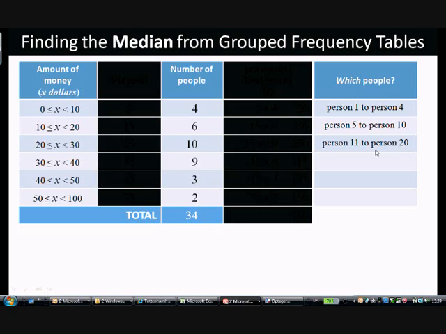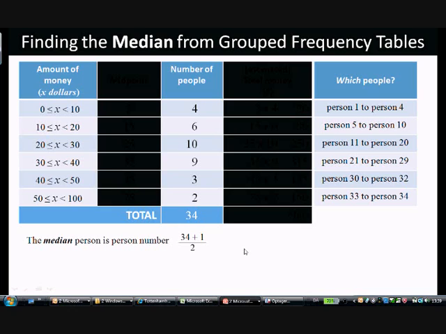So next group, it's got to start with person 21, because the last group ended with person number 20, and then 9 more people, so the next group has got to end with person 29. And 21, 22, 23, 24, 25, 26, 27, 28, 29, that makes 9 people. The last two groups, person 30 to person 32, person 33 to person 34, and that all checks out because person 34 should be the last person because there are 34 people in the whole thing.